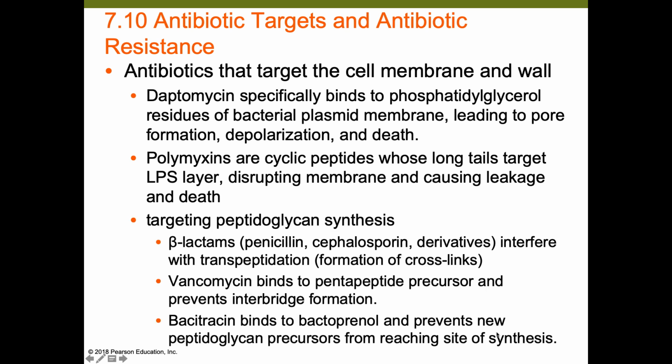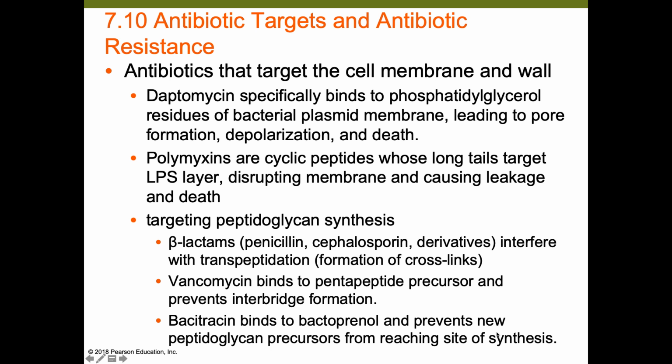And then we target cell wall or peptidoglycan biosynthesis. The first type of drug that was ever discovered was penicillin, and penicillin belongs to a class of drugs called beta-lactams. They inhibit cross-link formation.